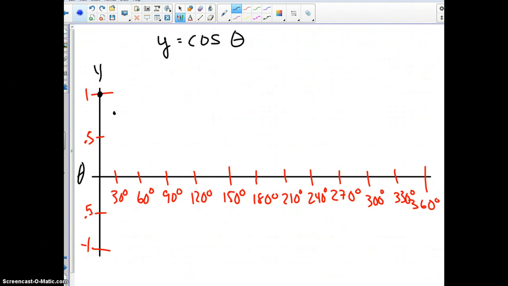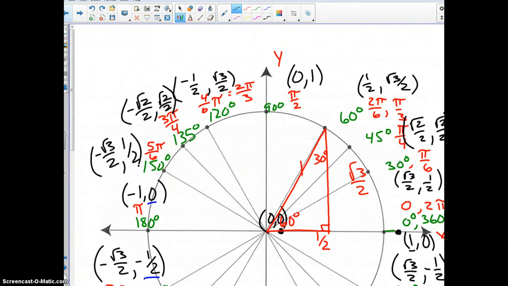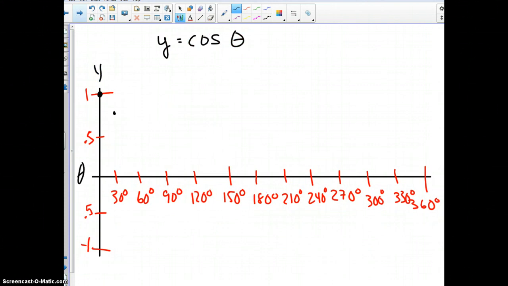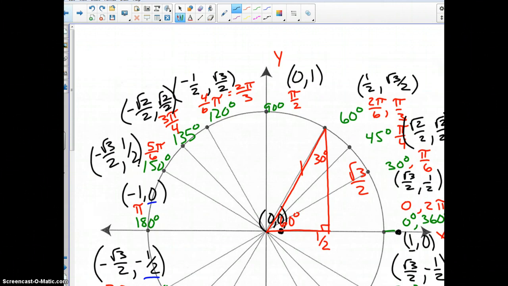At 60 degrees, the x-coordinate is 1/2, so we're at 0.5. Lastly, we go on to 90 degrees, and you're at 0.